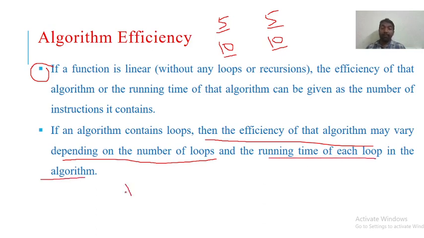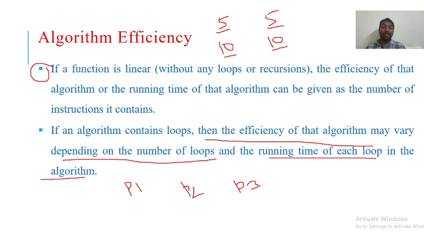Suppose program 1 is there, program 2 is there, and program 3 is there. In each and every program you have some for loops. When you have for loops in each program, there may be variations in each program, because the time is calculated based on the loops.